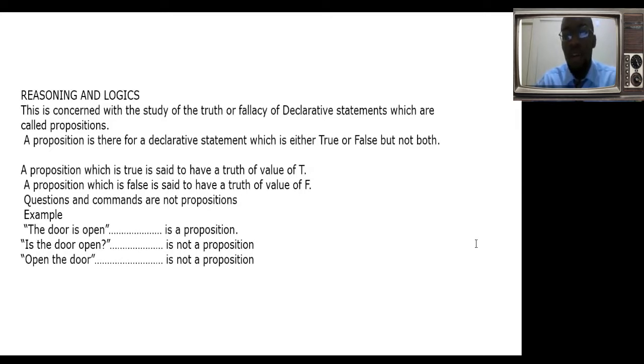If I say, go and open the door, now that's not a declarative statement, that's a command. Commands and questions are not declarative statements. So far we've just looked at the definition of declarative statements and propositions.